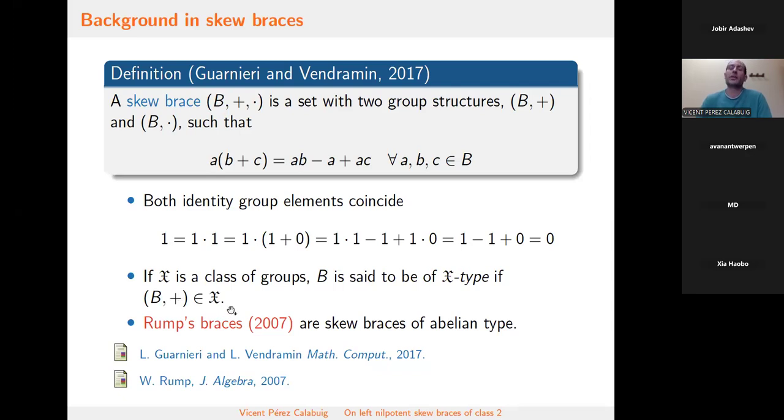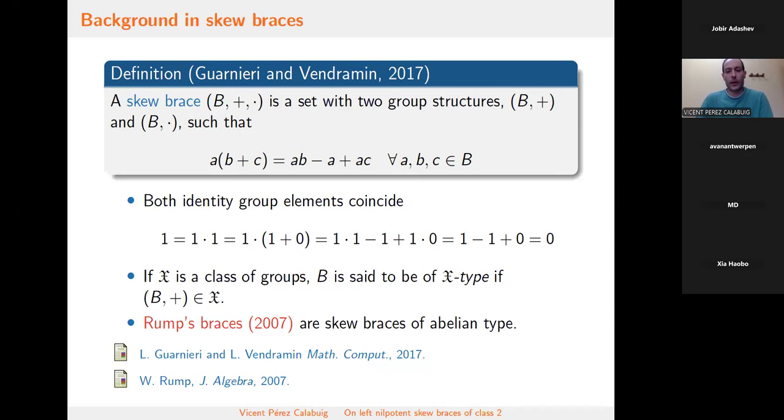Skew braces were first introduced by Rump in 2007. Indeed, Rump called them braces. Braces were introduced with the additive group abelian because Rump realized that the abelian character of the additive group of a brace characterizes the involutive character of the non-degenerate solution associated.